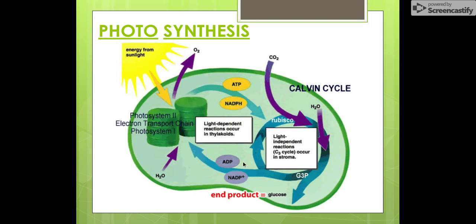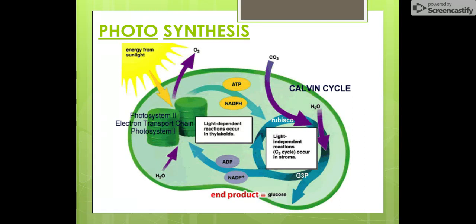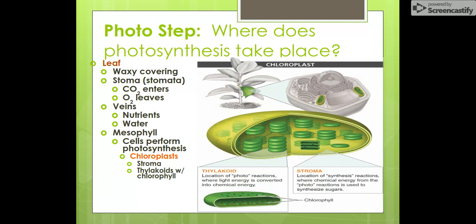All right, so this image shows this whole process here, and we'll look at this exact same image at the end and go through it as we talk about our light-dependent reactions, light-independent, and then all of the different players within this process.